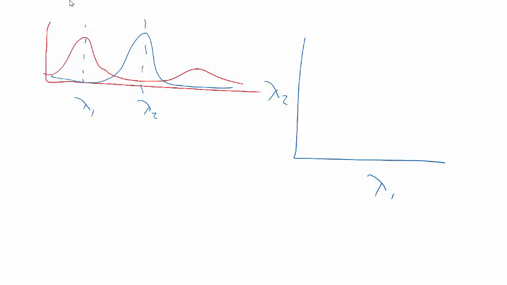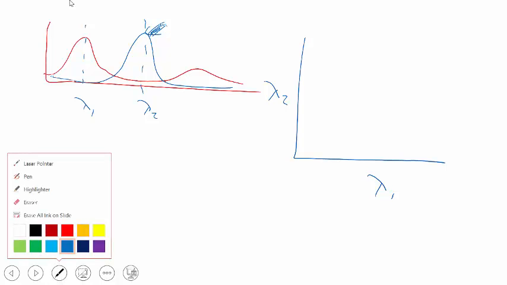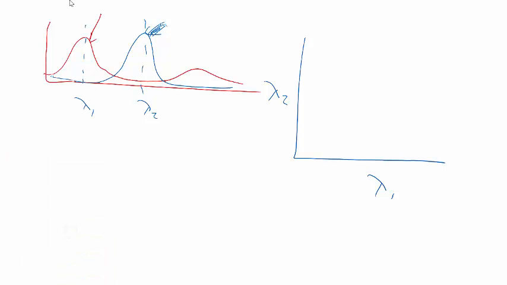This is no LDA, this is just taking 2 wavelengths and seeing if we can separate the 2 spectra based on just those 2 individual values. And I have a bunch of these, right? I've made 1,000 of those, and I've made 1,000 of these.